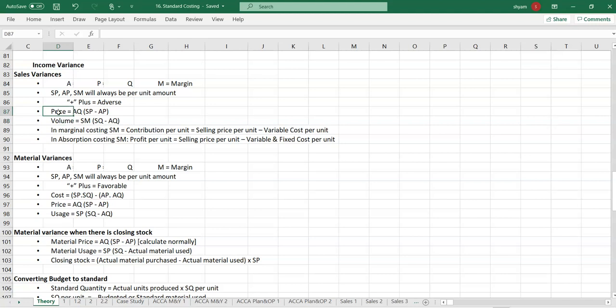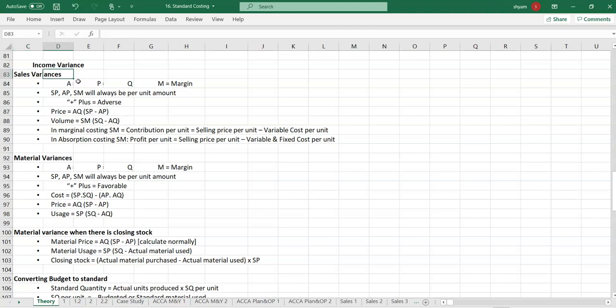The first variance, the sales price variance, formula is this: AQ into SP minus AP. So what is AQ? Throughout this chapter, A refers to actual, Q refers to quantity, S refers to standard, and P refers to price.